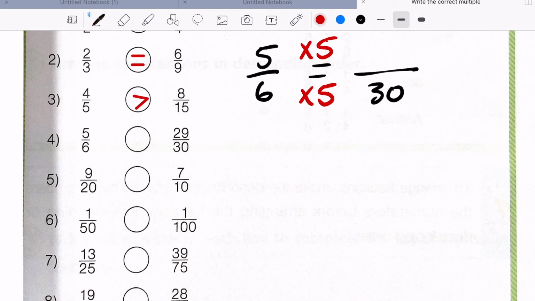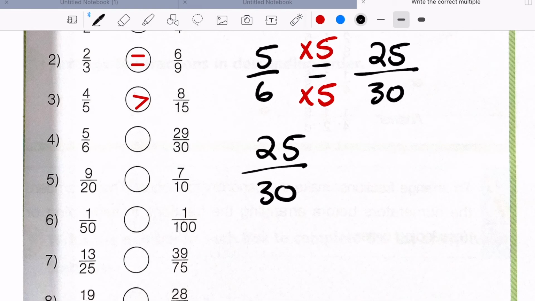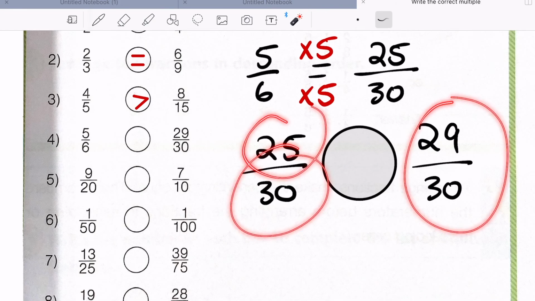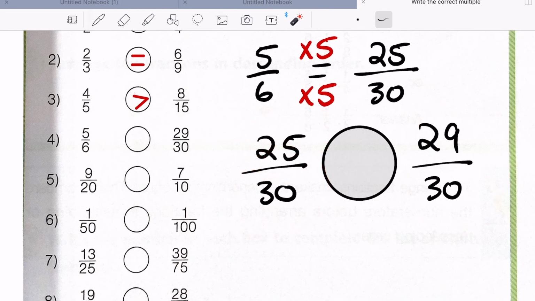So 5 times 5 is 25. So 25 over 30 compared to 29 over 30. Which one is bigger? Which one is smaller? 25/30ths or 29/30ths? 29/30ths is bigger.